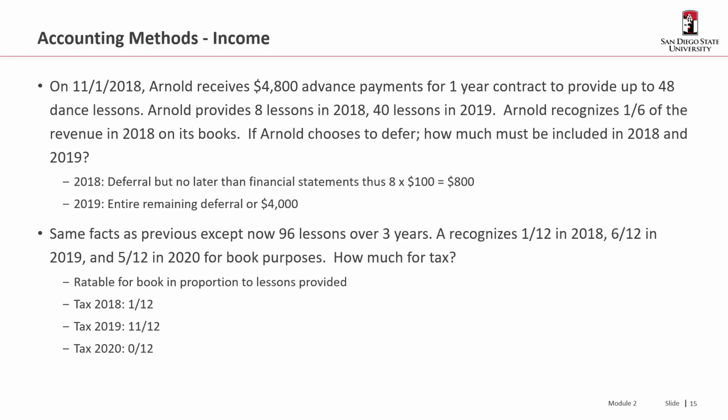So for tax, he takes in 1/12 of that revenue. In 2019, just as in the prior example, we no longer care what Arnold did for book purposes. He must recognize the entire remaining balance of unearned revenue in 2019 under the tax rules, because you only get up to 1 year of deferral. Therefore, in 2020, he would recognize nothing for tax purposes because, of course, he's already recognized all of that income.